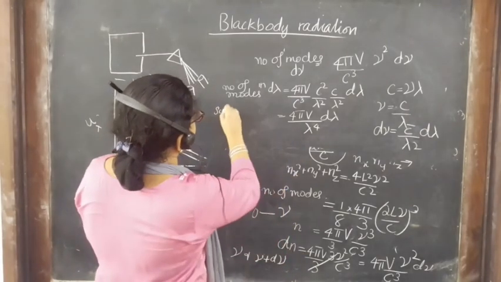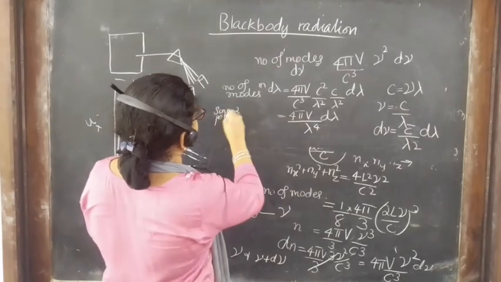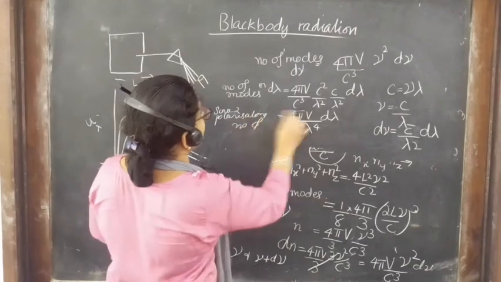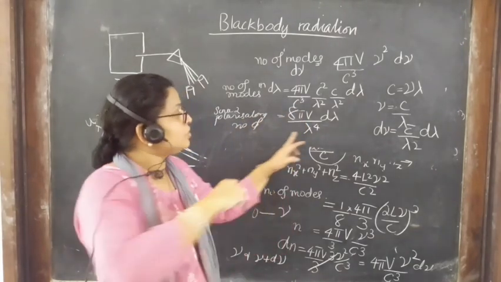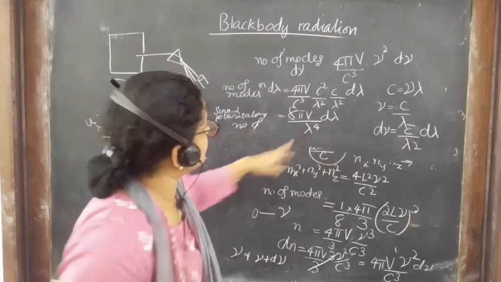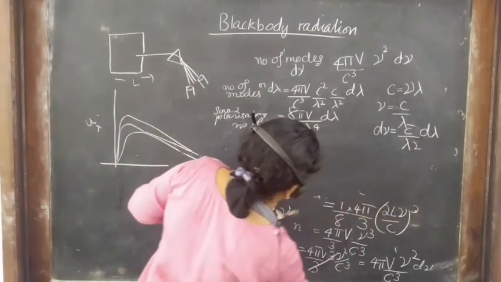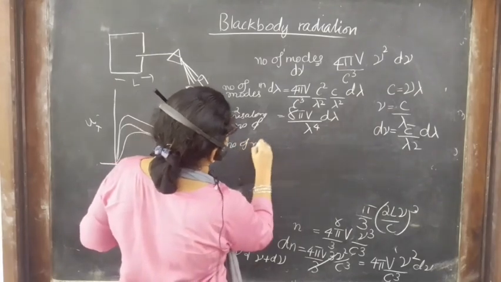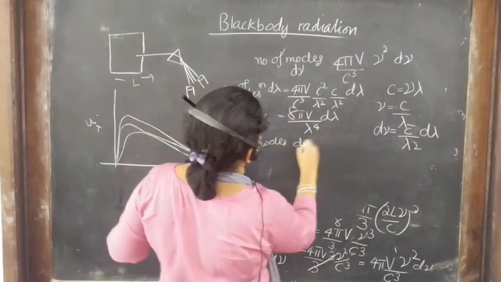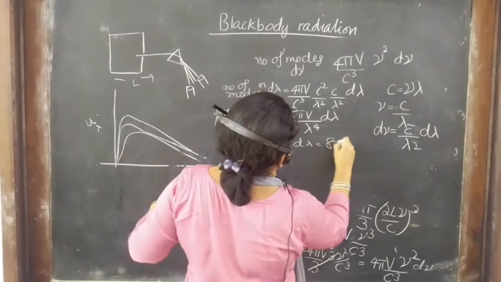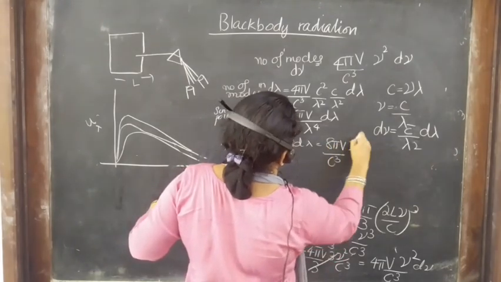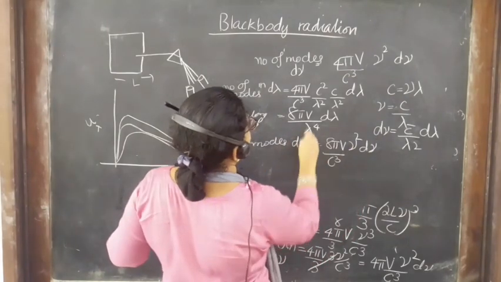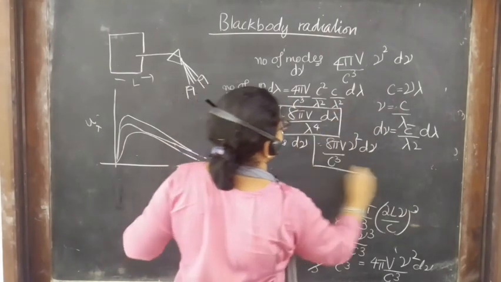So, since there are two polarizations, the number of modes will be this into 2, giving 8 pi l cube by lambda raised to 4 d lambda. This is the number of modes in the lambda range. Similarly, the number of modes in frequency d mu will be 8 pi l cube by c cube mu square d mu. These are the expressions.